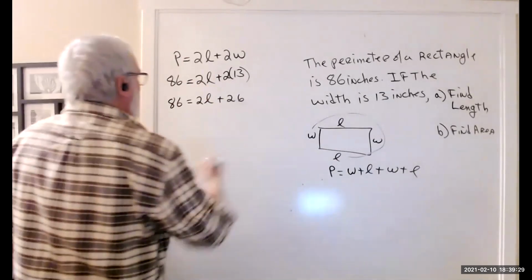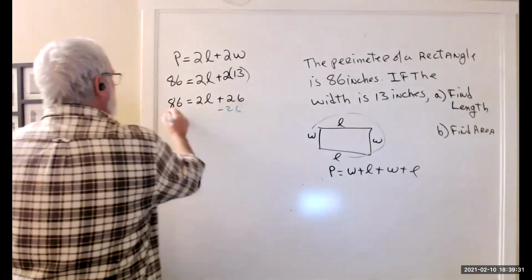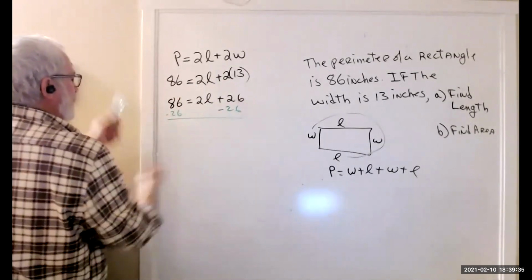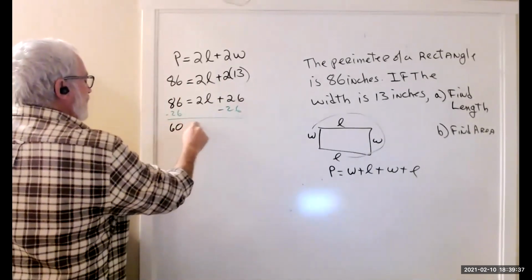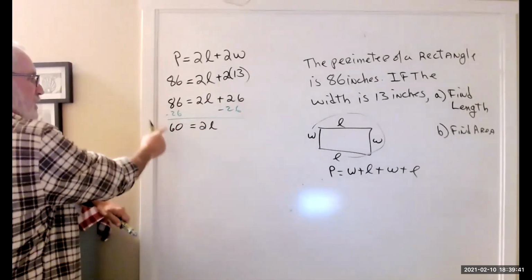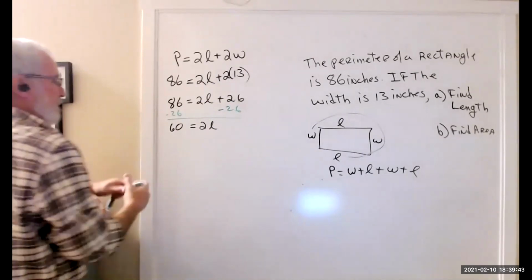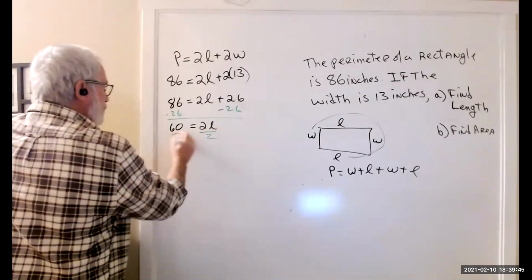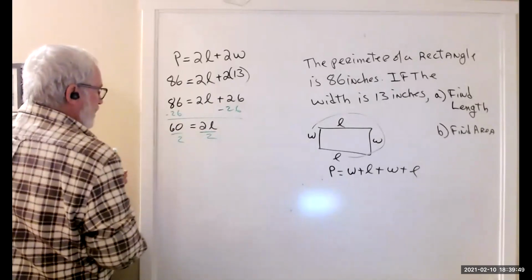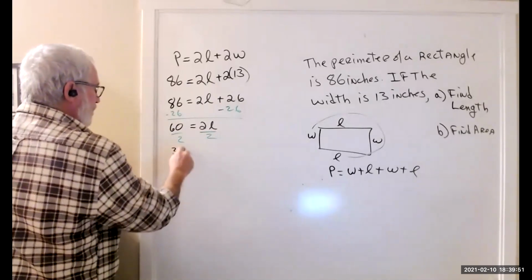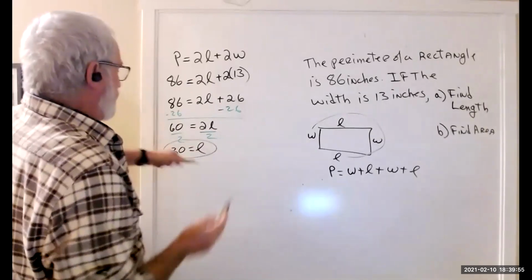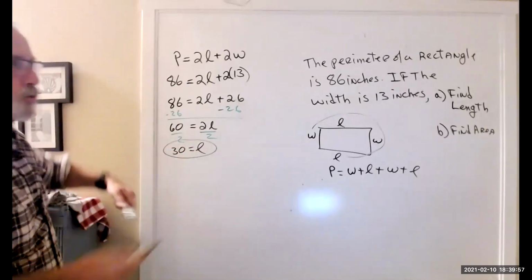Finish it off. We're going to take 26 away from both sides. That's going to give me 60 is 2L. 86 take away 26 is 60. Divide both sides by 2, and I get 30 equals L. But if you give me that answer, you're wrong.